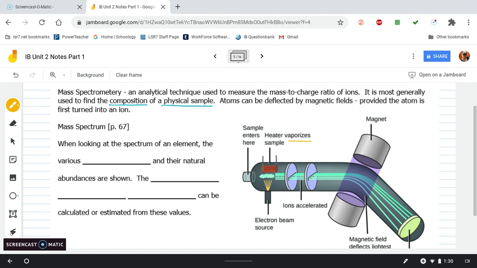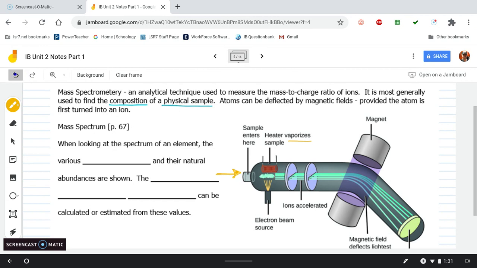So they put the paint chip in, or the tiny piece of tennis shoe or whatever, and they basically melt it and turn it into a gas, adding a bunch of heat. So in here goes the piece of the tennis shoe, and it gets turned into a gas. Then it gets accelerated, so they speed up the particles going in this direction.